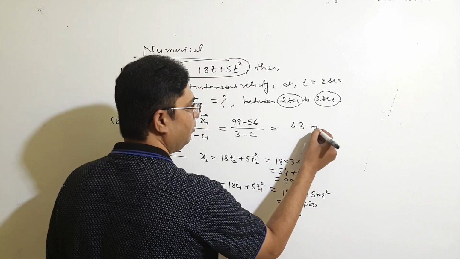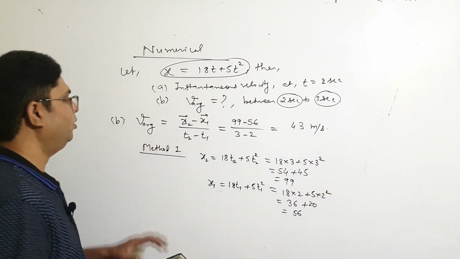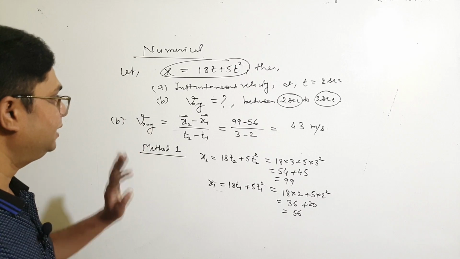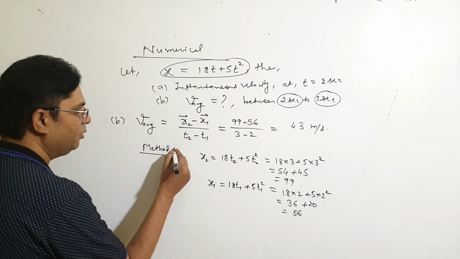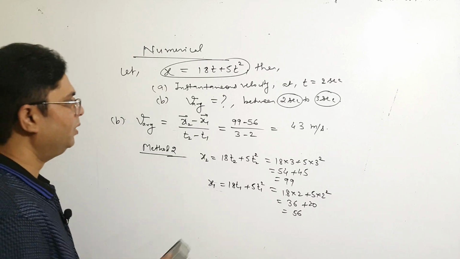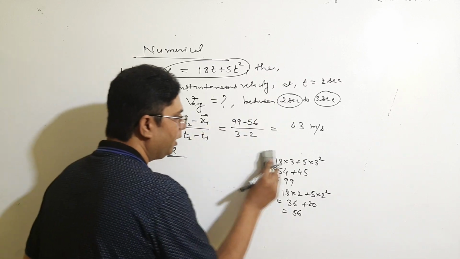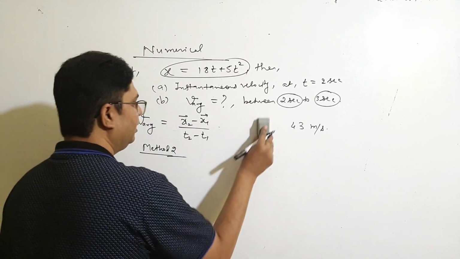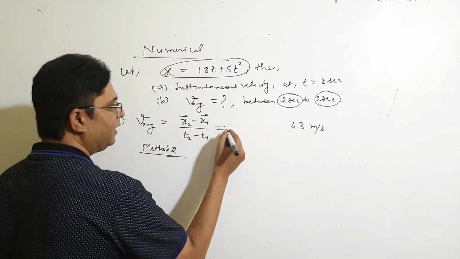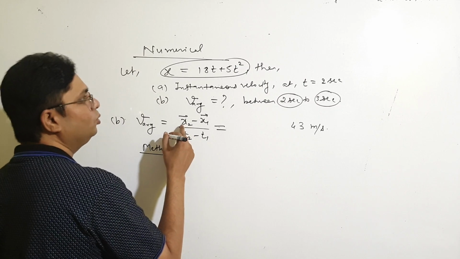So 43 meter per second. This is said to be your average velocity. This is said to be method number 1. Now let's work out method number 2. For method number 2, in the given equation, here we are directly writing x2, what is x2?